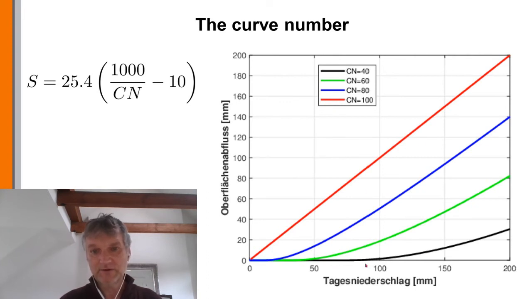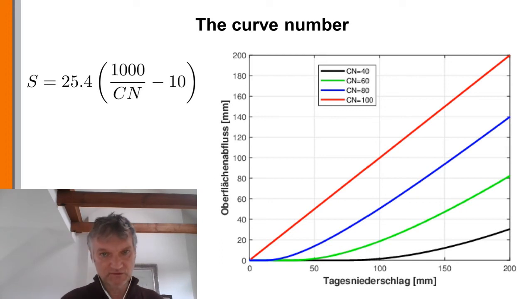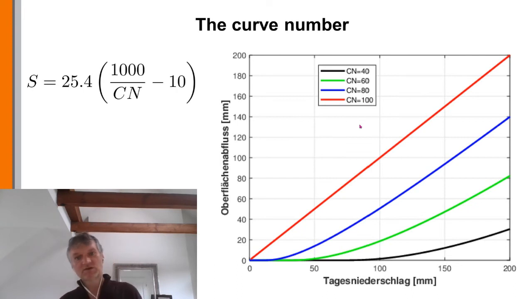Here is the rainfall height, and here is the effective surface runoff. So when we have something like 50 millimeters per day of rainfall, then we have actually 50 millimeters of surface runoff. So everything goes into surface runoff for CN equal to 100. So a soil or a bottom with a CN of 100 is something like concrete. There is no infiltration on a soil with a CN equal to 100.